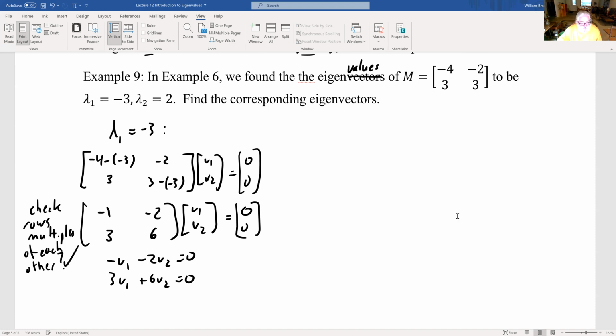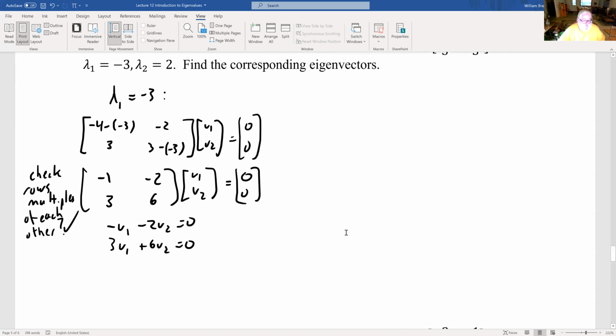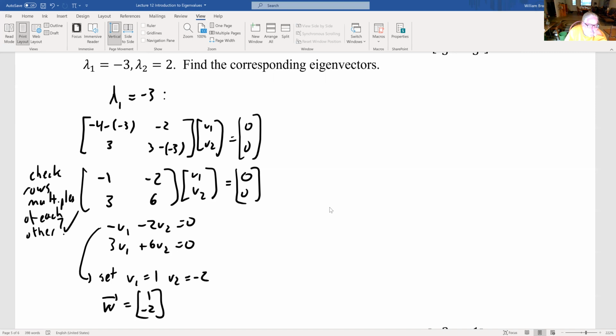But we can use either one of those equations to figure out a vector v1, v2, because they're the same equation, just multiplied by a constant. So I'll deal with this one, and I'll set v1 equal to 1 and v2 equal to -2. So we get an eigenvector, which I think up above I called w: 1, -2. So I now have an eigenvalue, eigenvector pair.